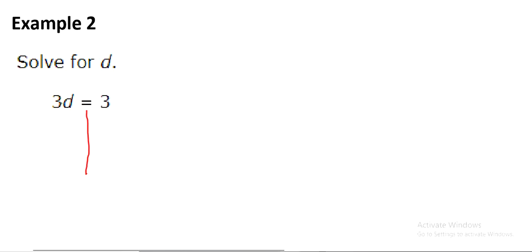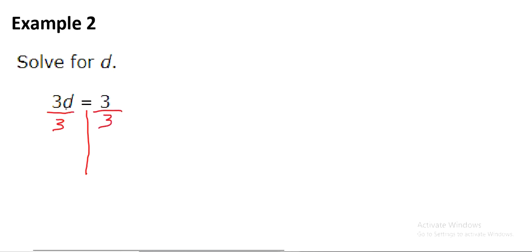And I'm going to move that by doing the opposite operation. So right now, this means 3 times d. That's what it means when you have a number and a letter right next to each other. The opposite of times, or the opposite of multiplication, is division. So we have divide by 3 and divide by 3.